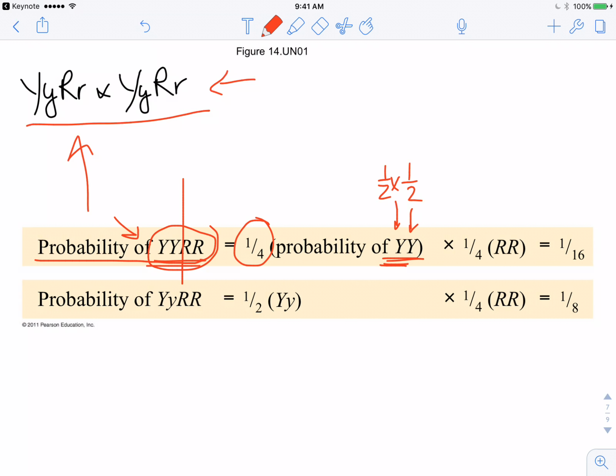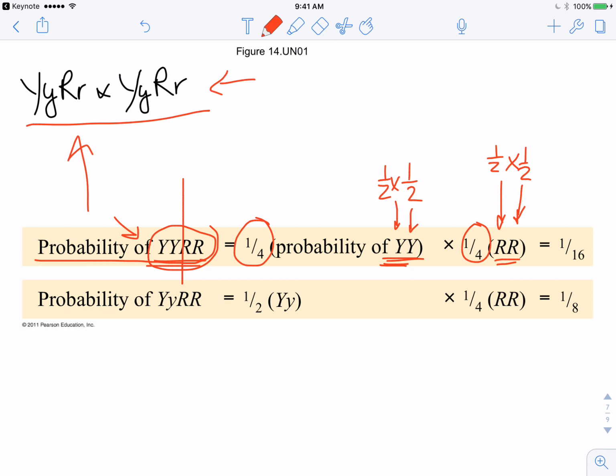And then if you do the same thing for the other one, odds are 1/2 that you're going to get that, 1/2 that you're going to get that. So again, you multiply them together and it's 1/4 that you'll get the homozygous dominant for this. Then the odds that these two events will occur together, you're going to multiply their individual probabilities.